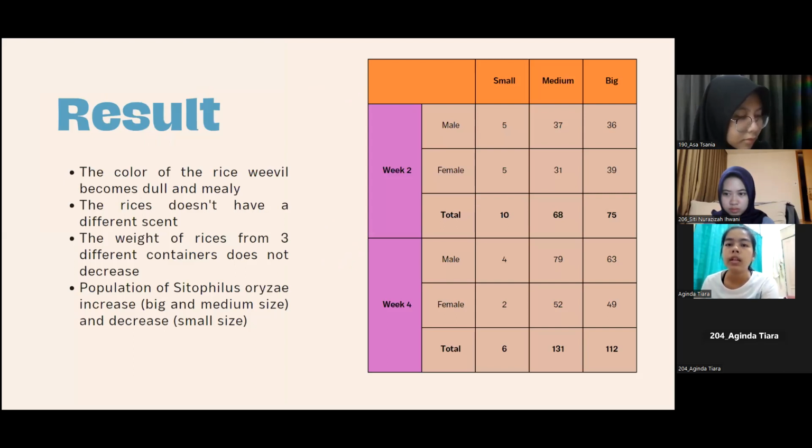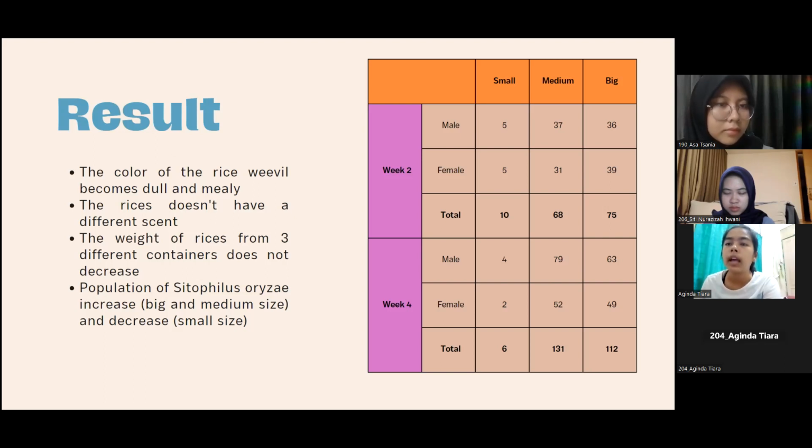And the result of the project we can see in the table. On the second week of observation, the insects in the small container are 5 male and 5 female. In the medium container, we found 37 male and 31 female, and in the big container we found 36 male and 39 female.